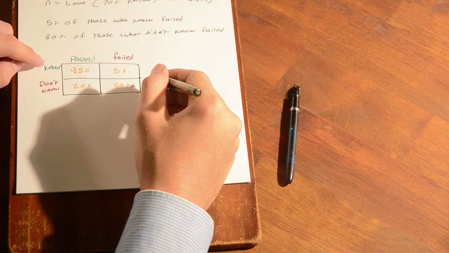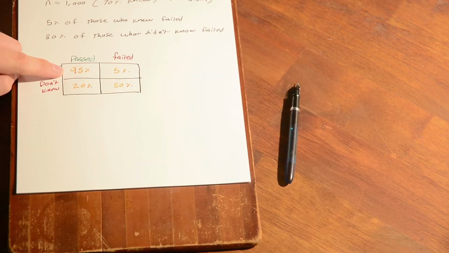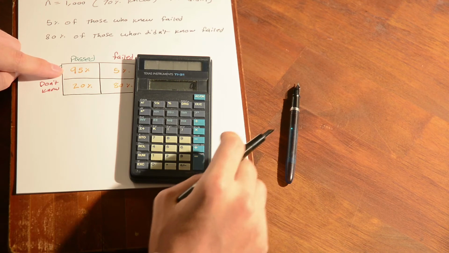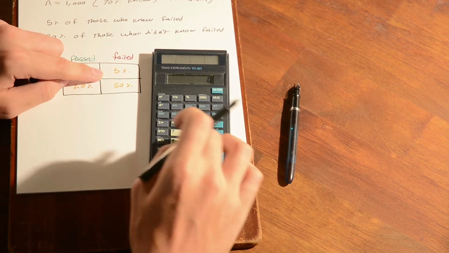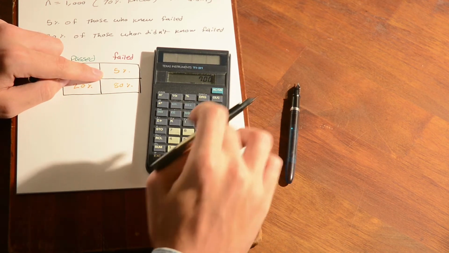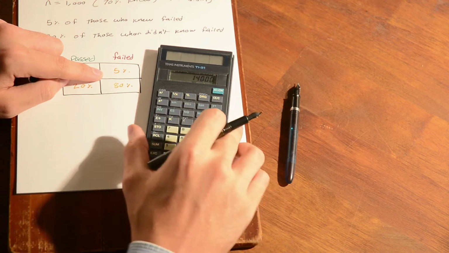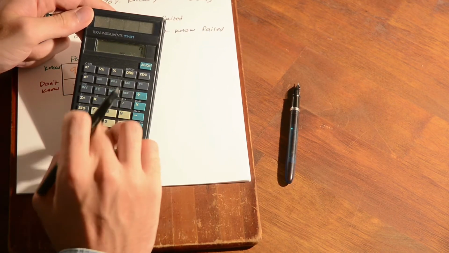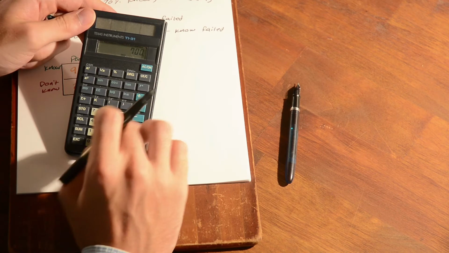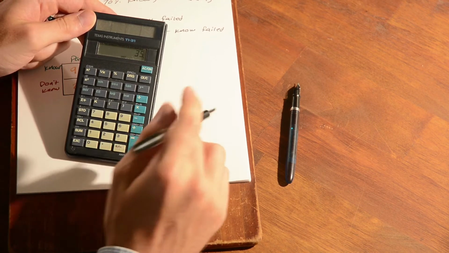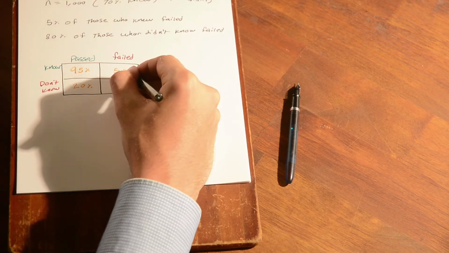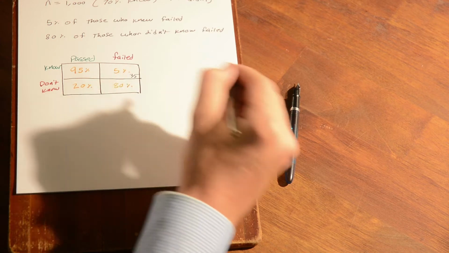We can say that of the 700 who knew, 95% passed. So if we're looking for those who failed, we just take 700 times 0.05, which is equal to 35. So you know that 35 of those who knew failed.